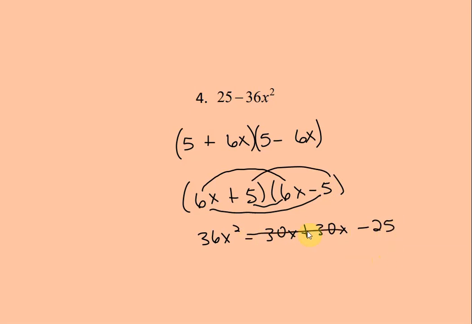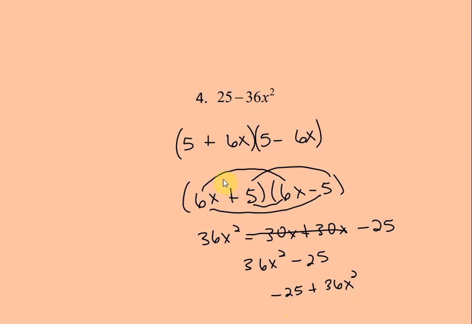So my two middle terms would cancel out, and I would get 36x squared minus 25. Is that what I started with? Even if I were to rearrange this, it's a negative 25 and a positive 36x squared. That's not the same as what I started with. I started with a positive 25, not a negative 25. I started with a negative 36x squared, not a positive 36x squared.